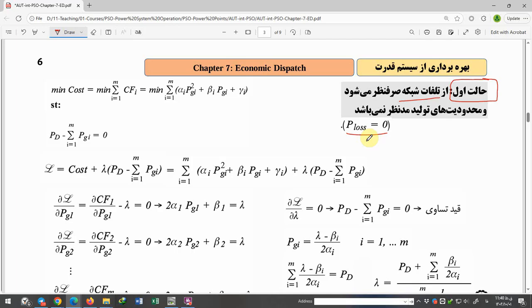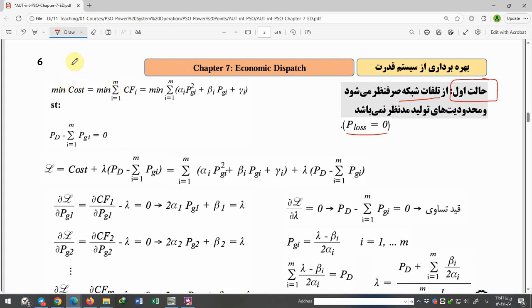After that, there are no limitations on active power. The first scenario is the easiest way, only running optimization without any constraint about the limitation of generated power or finding losses. But the balance of power remains. The balance of power is a basic consideration in this problem.